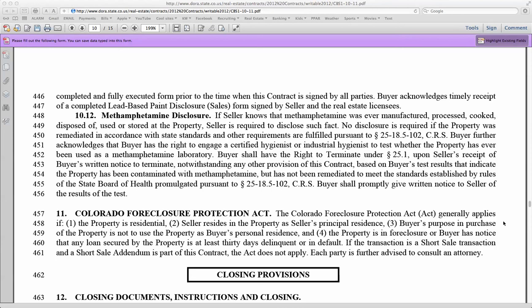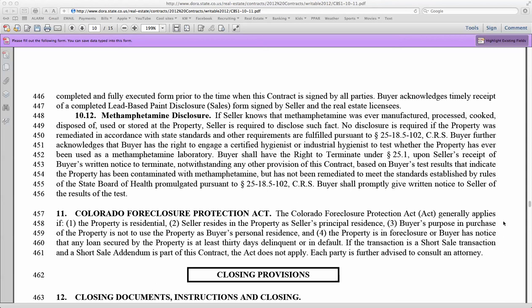Buyer does have the right to terminate if they receive notice that this was a meth property and it has not been remediated to the standards established by the State Board of Health.